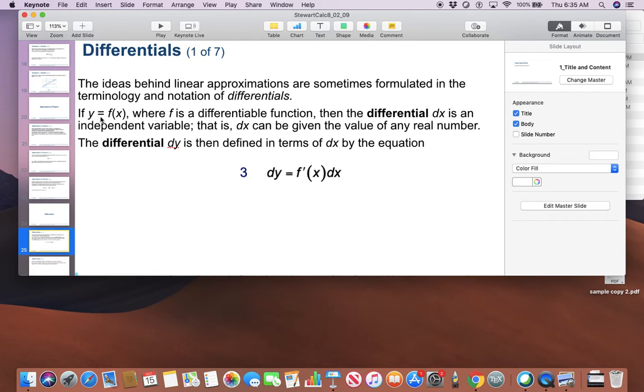What are differentials? If y is f(x), where f is a differentiable function, then the differential dx is an independent variable. That is, dx can be given the value of any given number. The differential dy is given by this formula: dy is the derivative at x times that number you give dx.